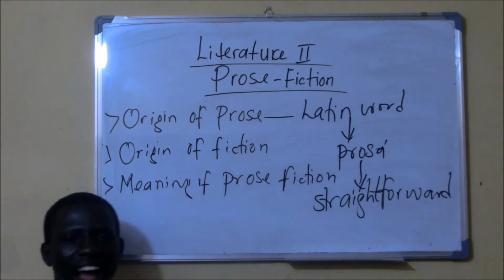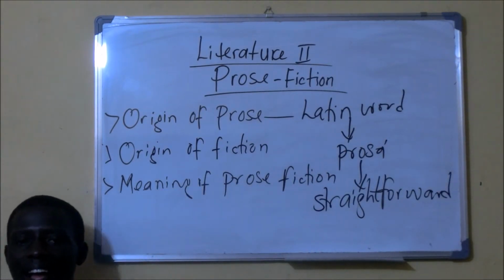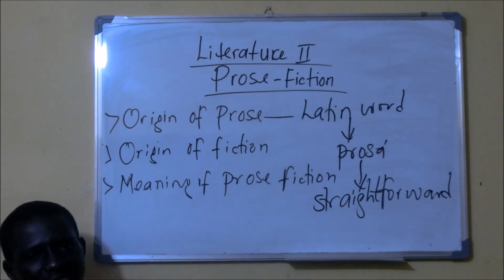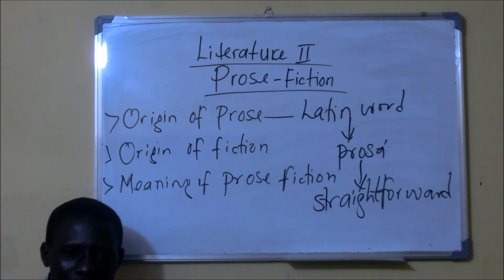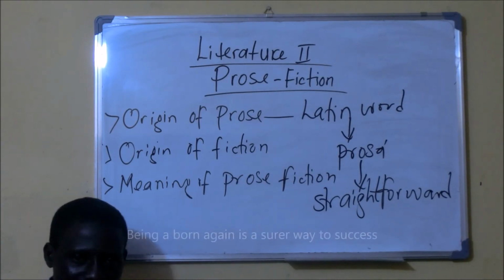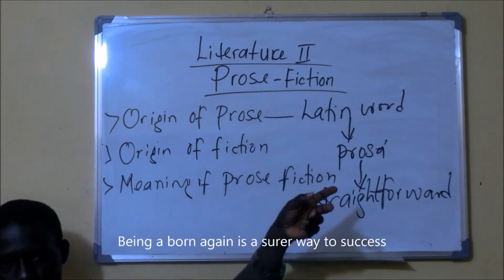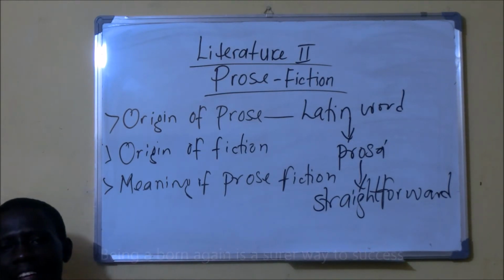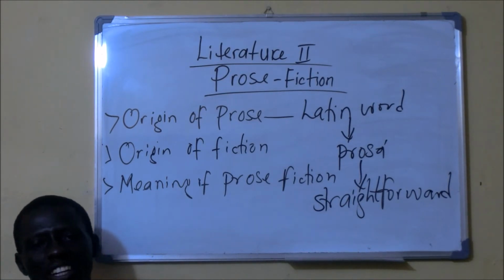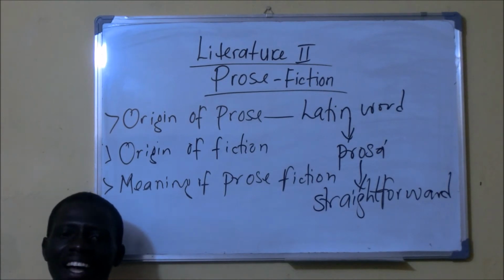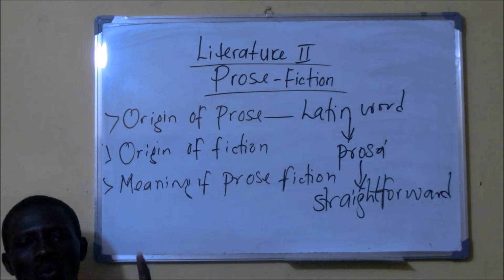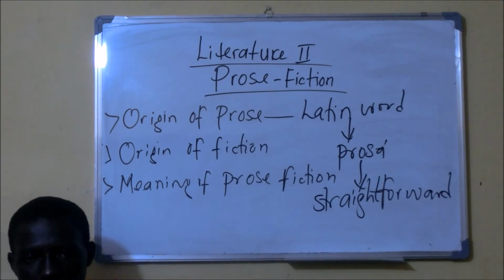So every artistic act that is written in a straight narrative or in a straight account is called prose. However, prose is the only aspect of literature that has a consonant relationship with English.